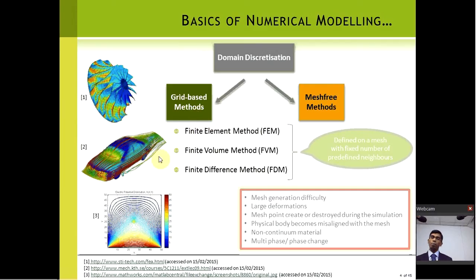You all, I believe, are familiar with the terminology: finite element methods. In solid modeling, you can model an object with finite elements. In CFD modeling, flow modeling, we frequently use the finite volume method, and for some other predictions we use the finite difference method.